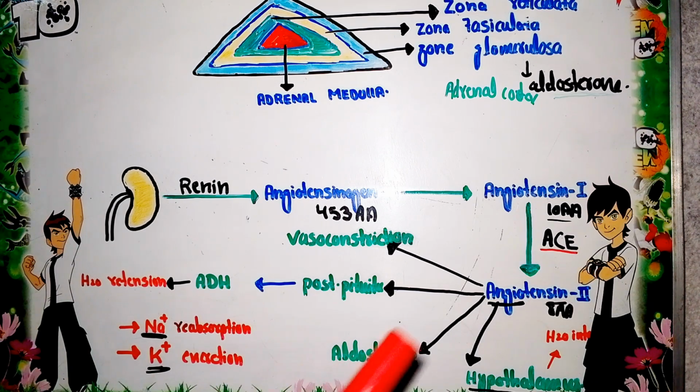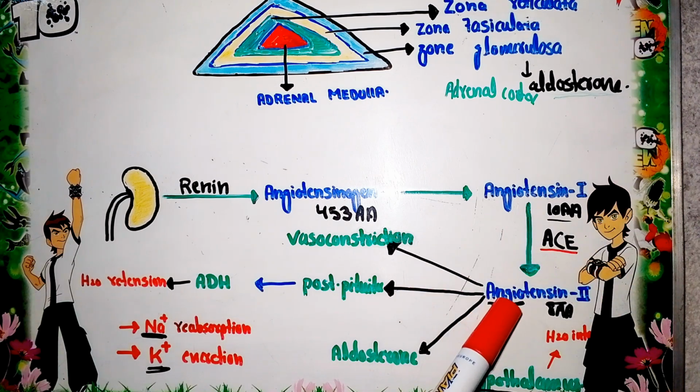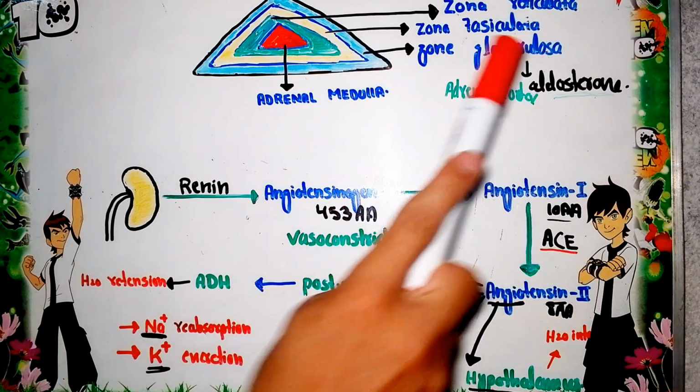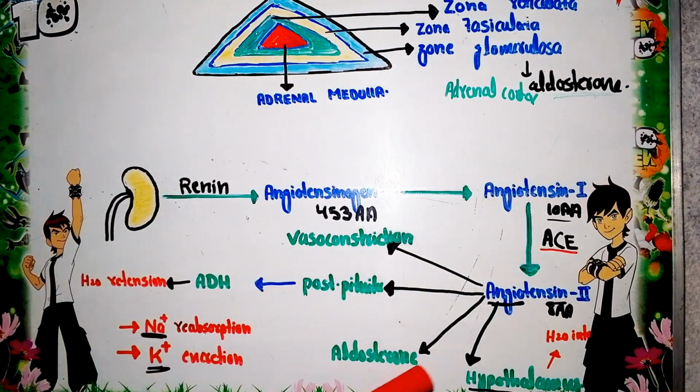Next, angiotensin 2 also acts on the adrenal cortex, and from the layer called zona glomerulosa, aldosterone is secreted. This aldosterone acts on the kidney and absorbs sodium ions.